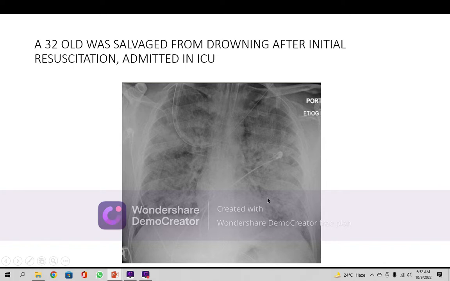Nothing is left. There is increased haziness, described as non-homogeneous radio-opacities, in banded structures. Thick fibrous bands are seen all over, and patchy opacities and reticulonodular shadowings are also there. Whole lung fields are involved.